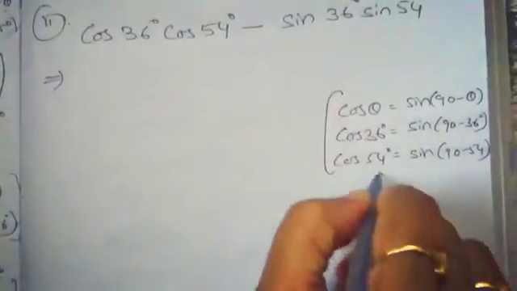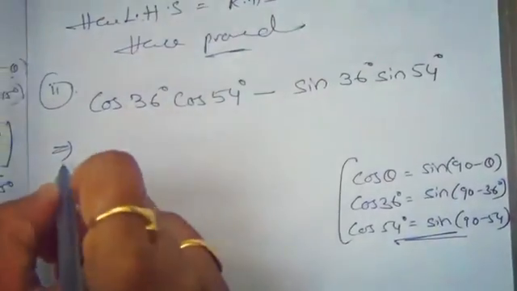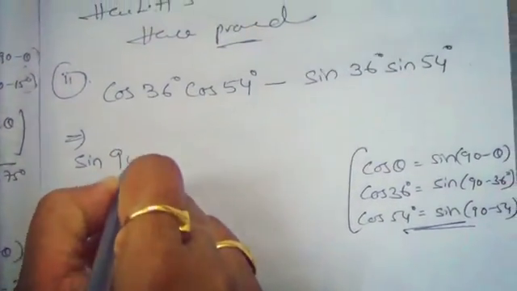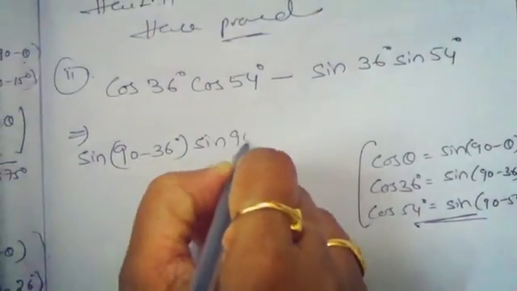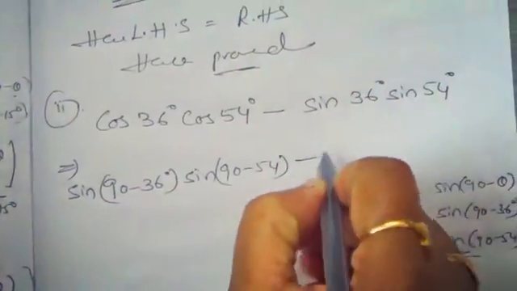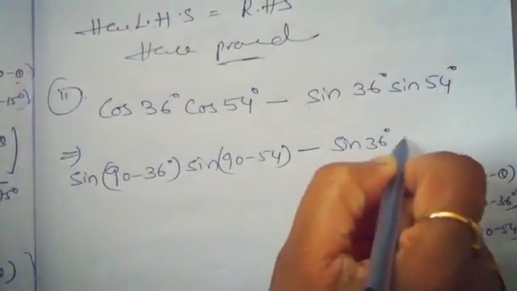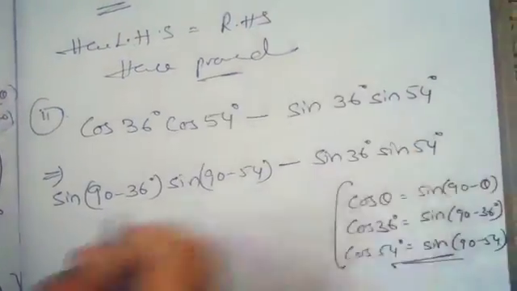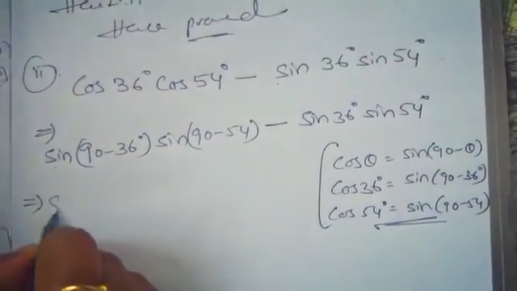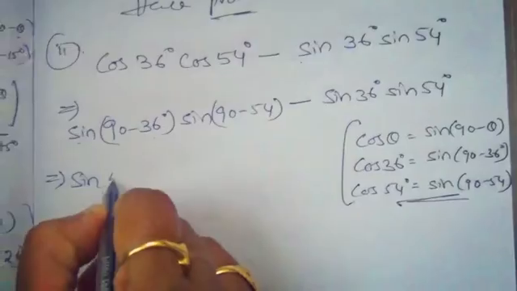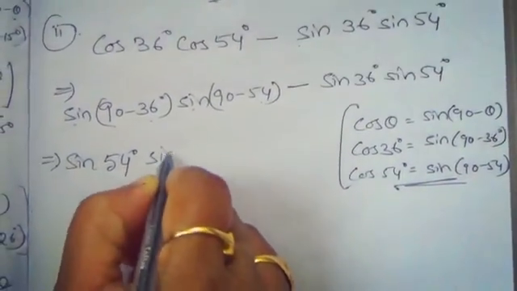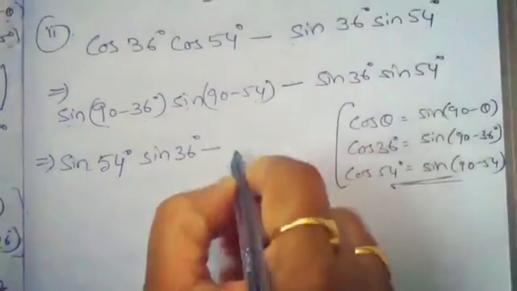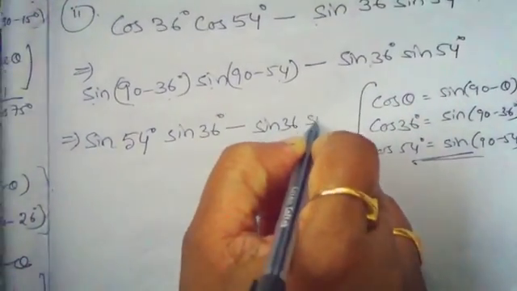Just like that, cos 54 is also equal to sin (90 minus 54). I am writing these formulas in the place of here. Sin (90 minus 36), sin (90 minus 54). I want to change only this one, not this: minus sin 36 sin 54. That implies sin 54 degrees sin 36 minus sin 36 sin 54.